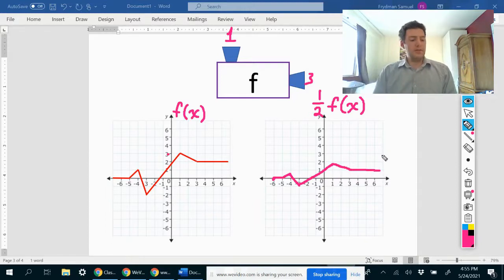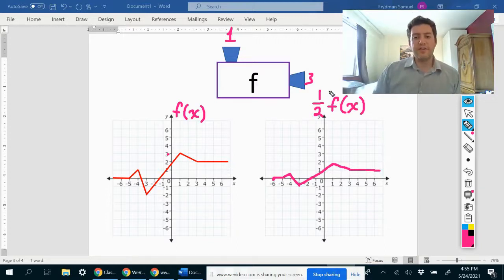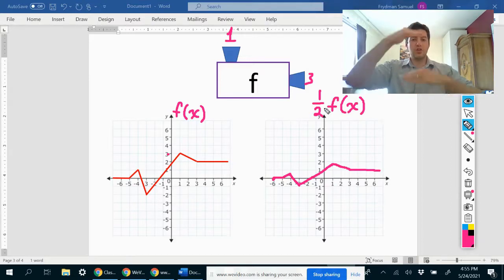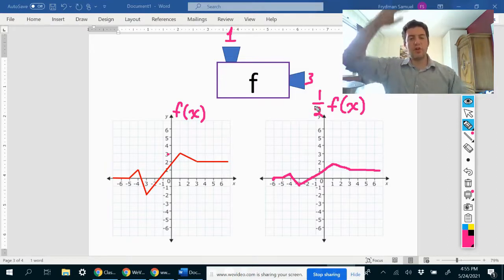So again, it's sort of the opposite of stretching. It's shrinking this way. If this coefficient over here is a number which is less than 1, then it's going to shrink. If this number is greater than 1, then it's going to stretch like that.